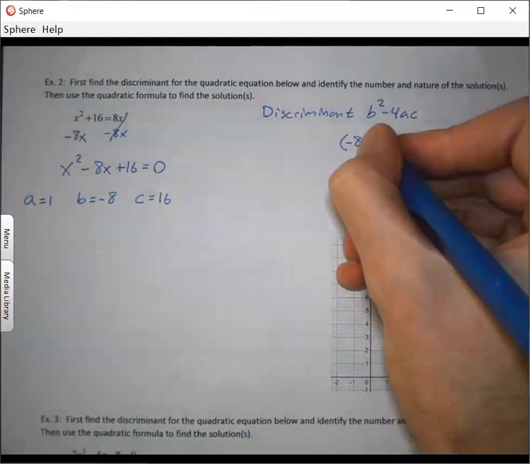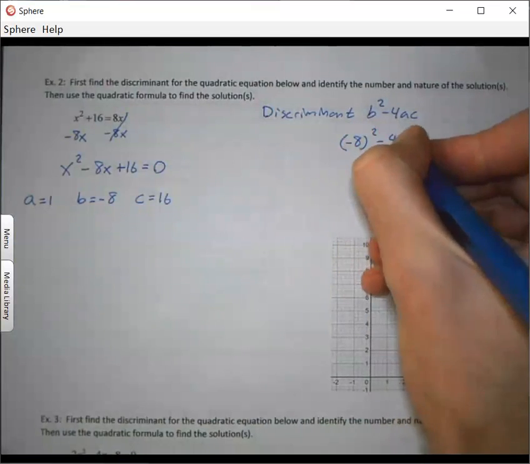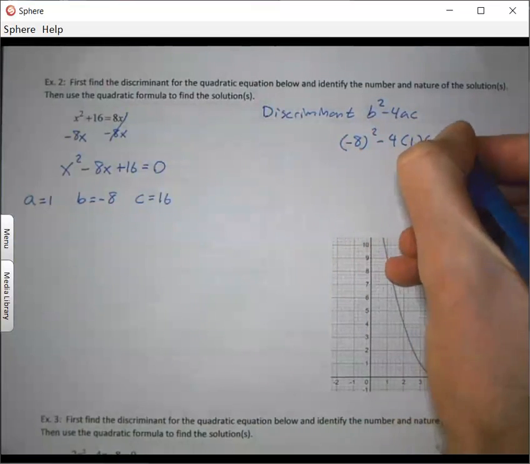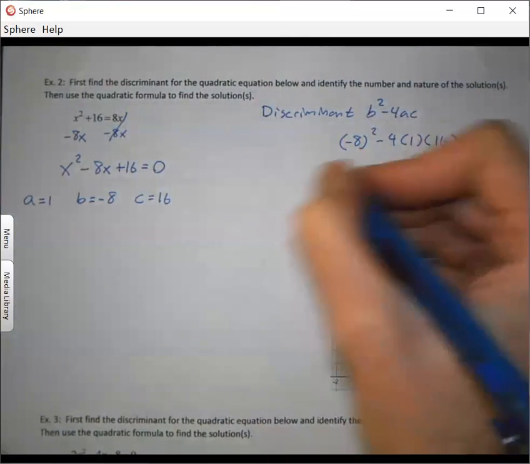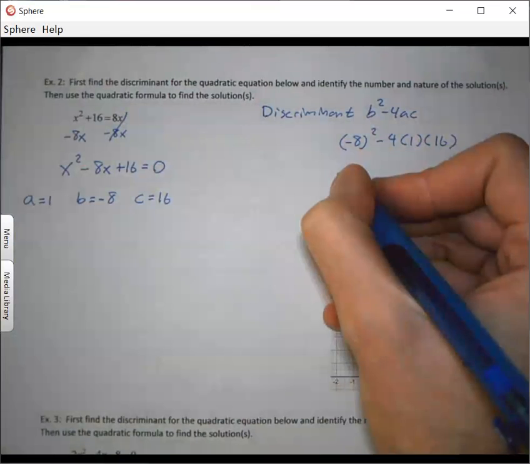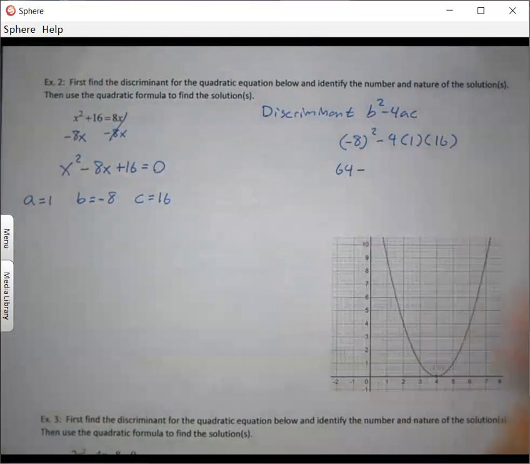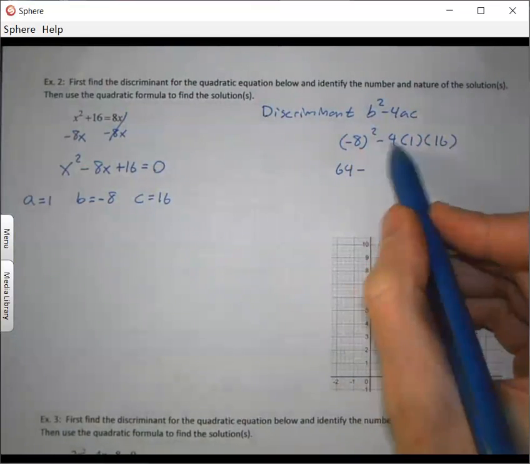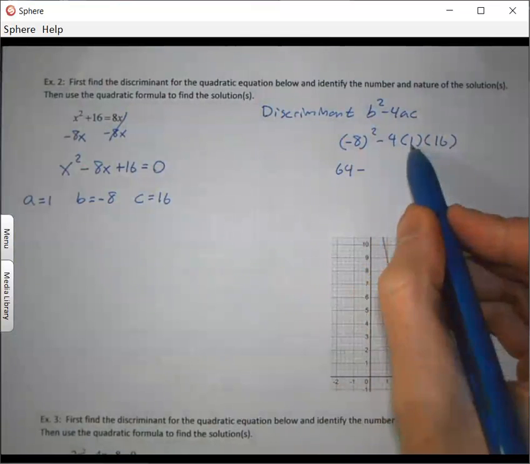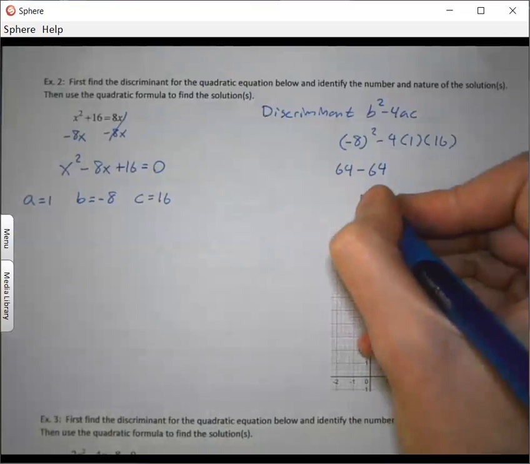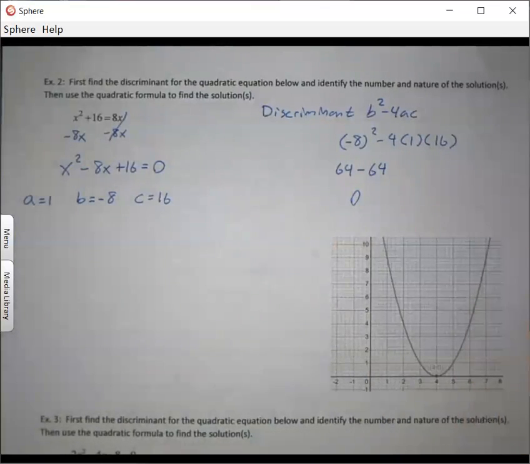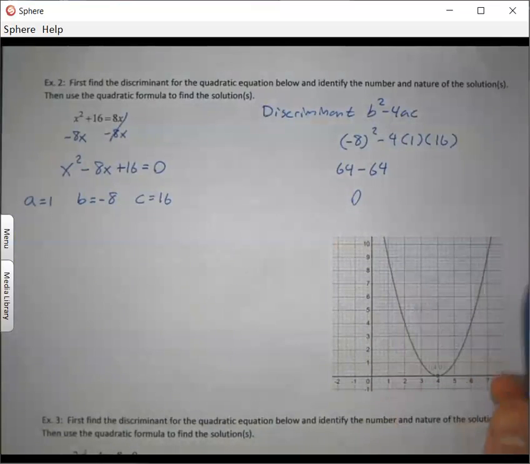So b squared minus 4ac. Negative 8 squared is 64. Then negative 4 times 1 is 4, times 16, minus 64. 64 minus 64 is 0. And we can see from our given graph that this has one real solution.